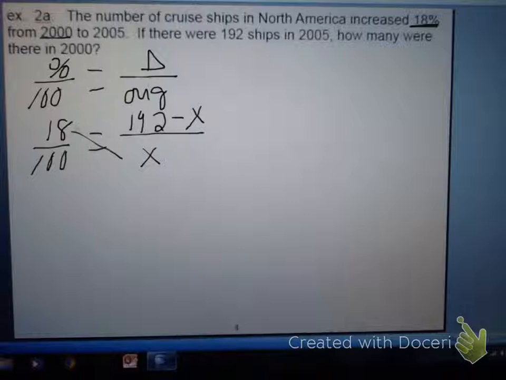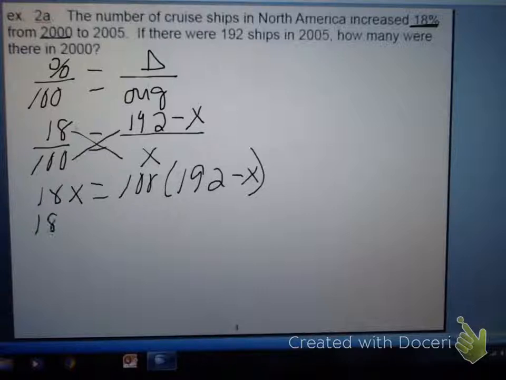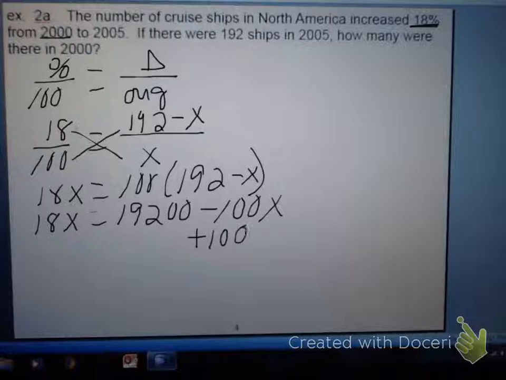Cross multiply, 18x is equal to 100 times 192 minus x. We're going to have to do the distributive property. Now we have to solve for x. This 18x is sitting over there all by itself, so we have to add the 100x.